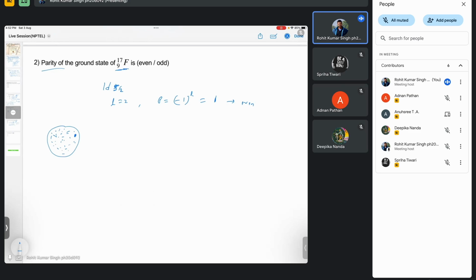Like in the binding energy, when I was discussing the liquid drop model, I mentioned all the forces that are there for a particular nucleon inside a nucleus, and all these forces will lead to a configuration of the distribution of those nucleons inside the nucleus.